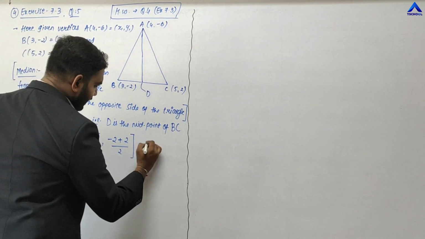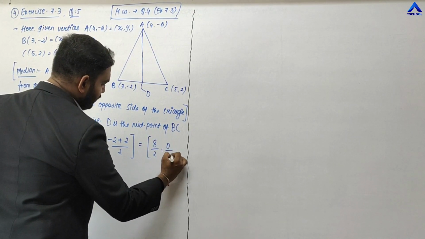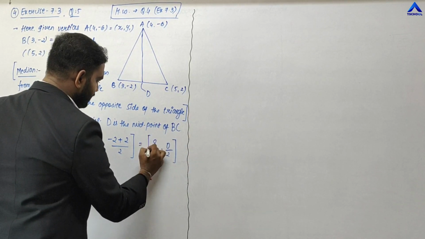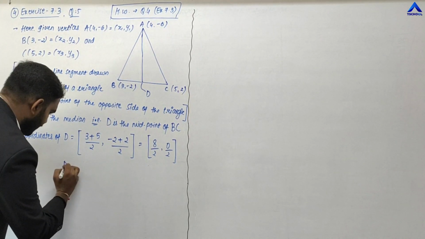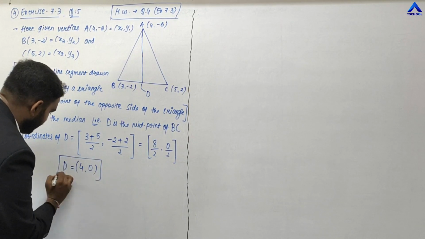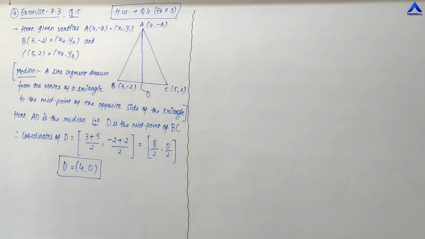What is 3 plus 5? That is 8 upon 2 comma 0 upon 2. 8 upon 2, that is 4. So D, that is 4 comma 0. So here we got the coordinates of D, that is 4 comma 0, right?